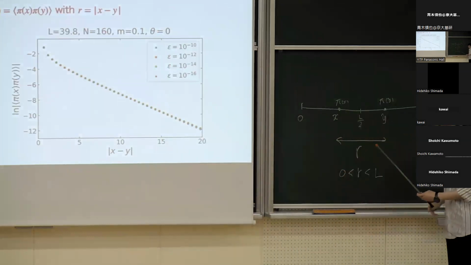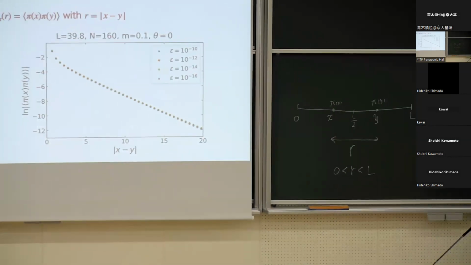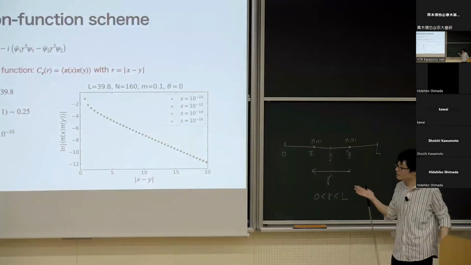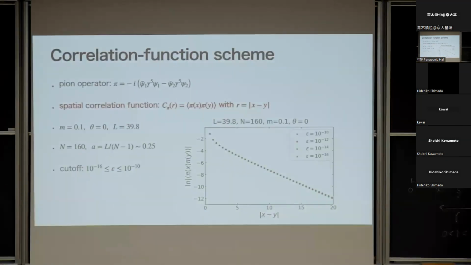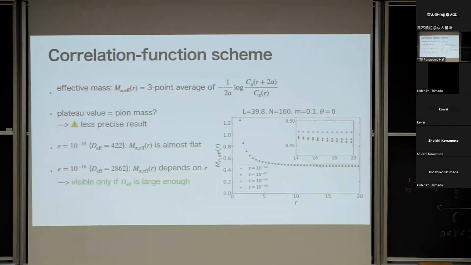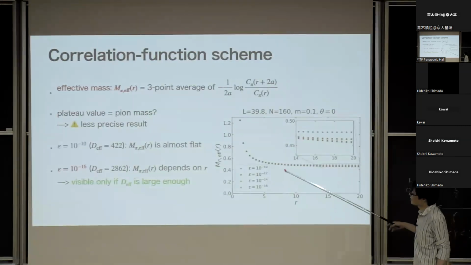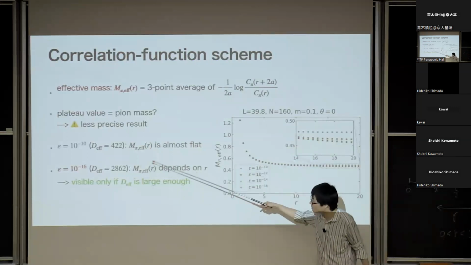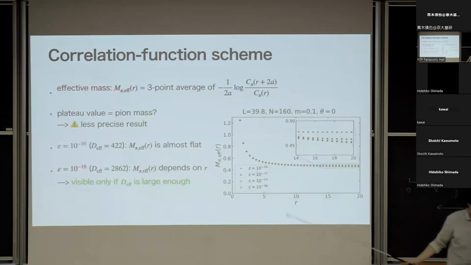Of course, ideally we have to take an infinite volume limit to compare the result with quantum theory. But in this analysis, we just want to investigate the effect of epsilon, I mean bond dimension, more specifically.